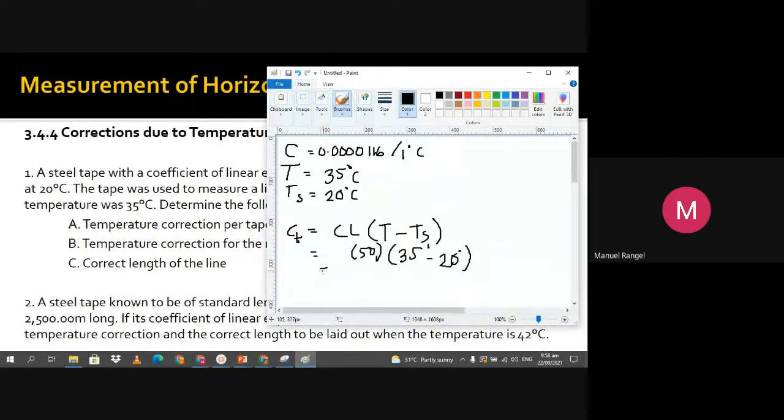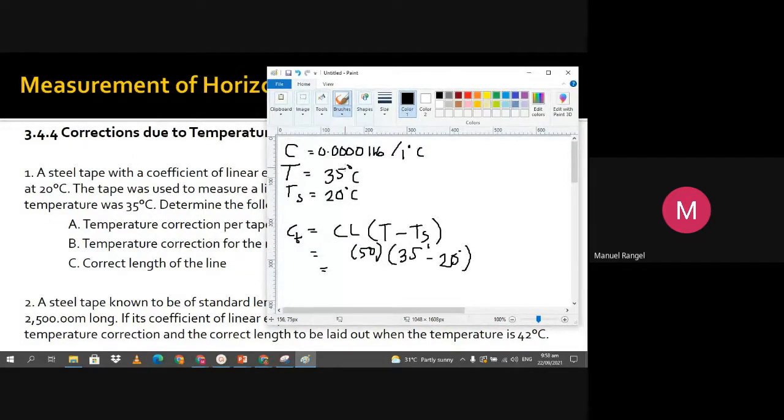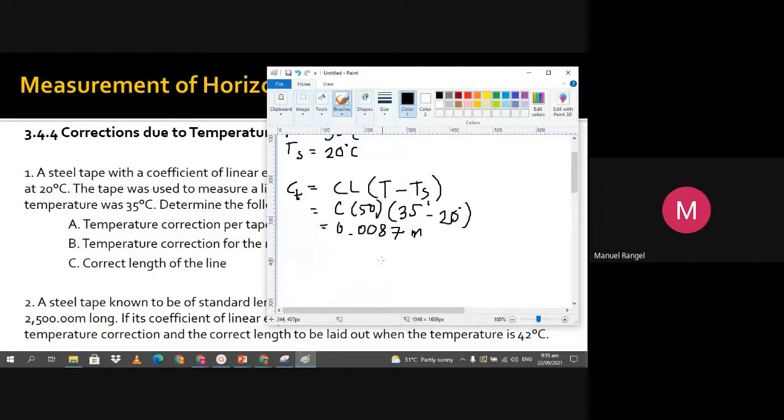So what is the value? 0.0087 meters per tape length due to temperature. So that is positive, no? So positive kay the tape daw is too long.